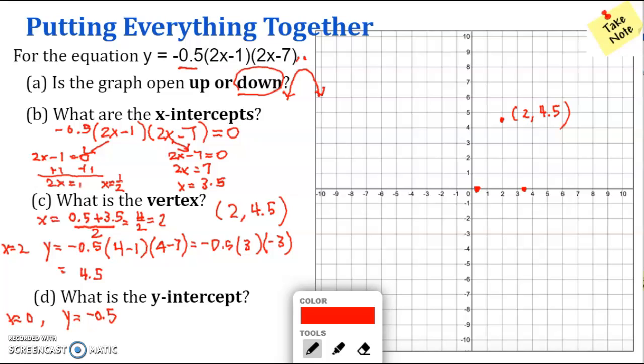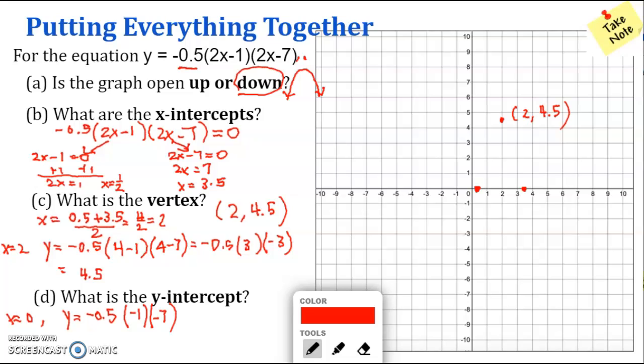We know that y is going to be negative 0.5 times (2 times 0 minus 1), so that's just going to be minus 1 in the first parenthesis. And 2 times 0 is going to be 0, minus 7 is just going to be negative 7. So negative 1 times negative 7 is positive 7, times negative half is going to be 3.5.